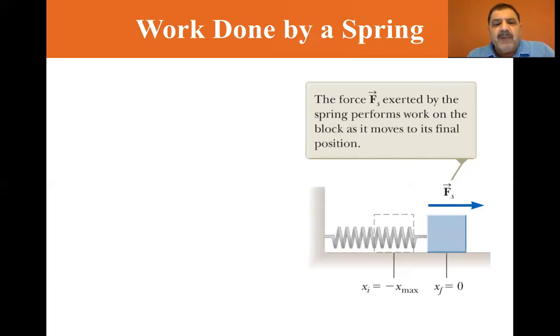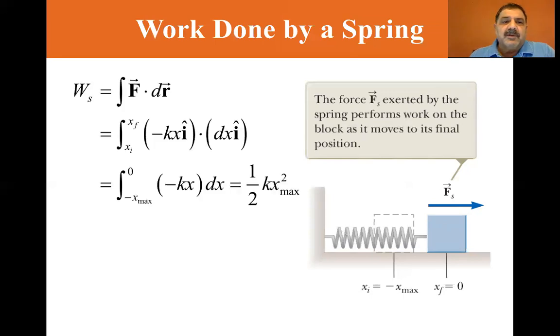We assume that the block may be modeled as a particle, and so the work is equal to the integral of force dot dr, and the force we know is minus kx i, and dx i, and you go through the integral of minus kx dx, which is equal to 1/2 kx squared.